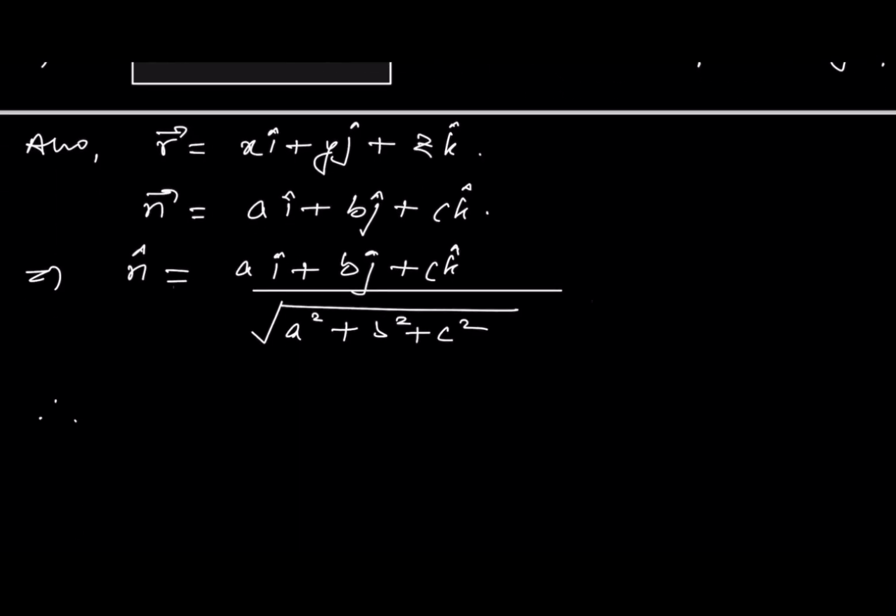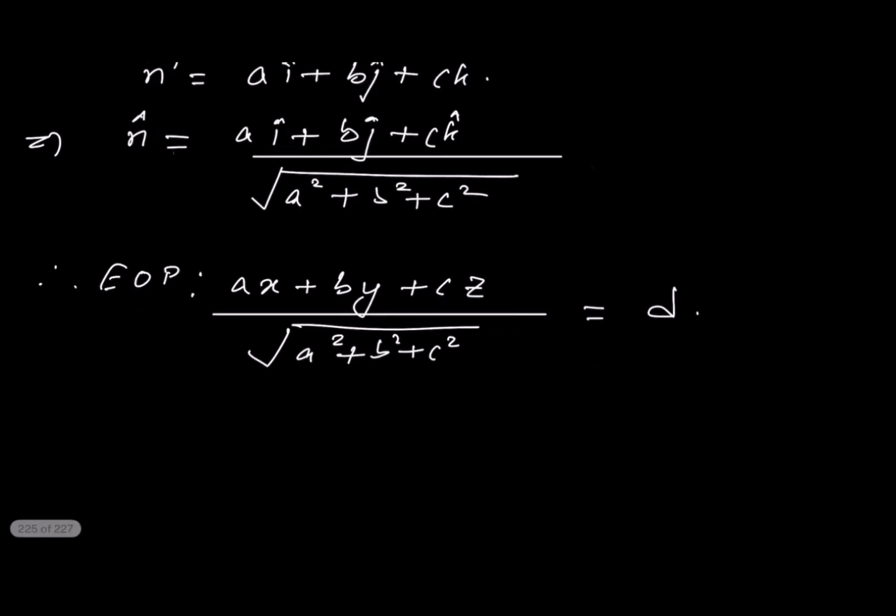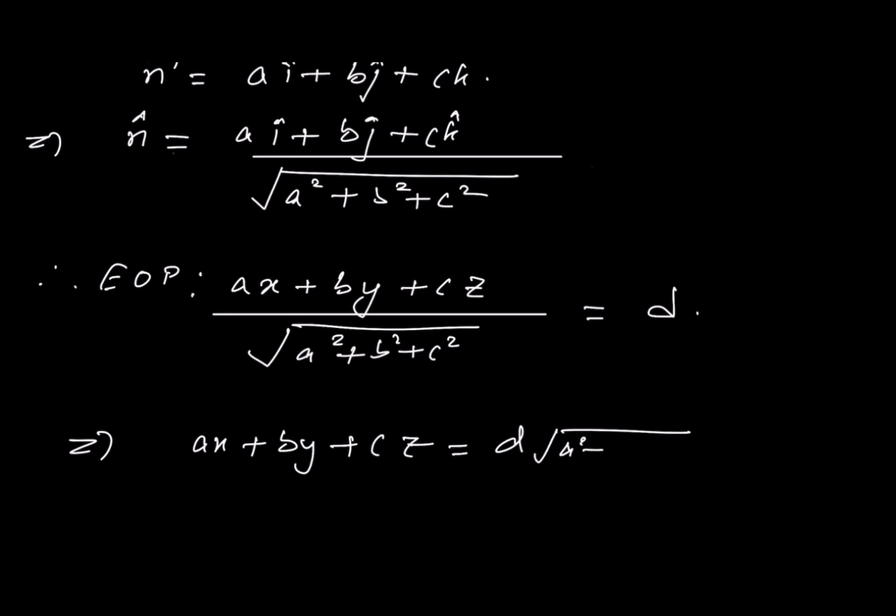Okay, so the equation of the plane, or normal form, in this case will be (ax plus by plus cz) over root over a square plus b square plus c square is equal to d. Okay, or ax plus by plus cz is equal to d root over a square plus b square plus c square, right?